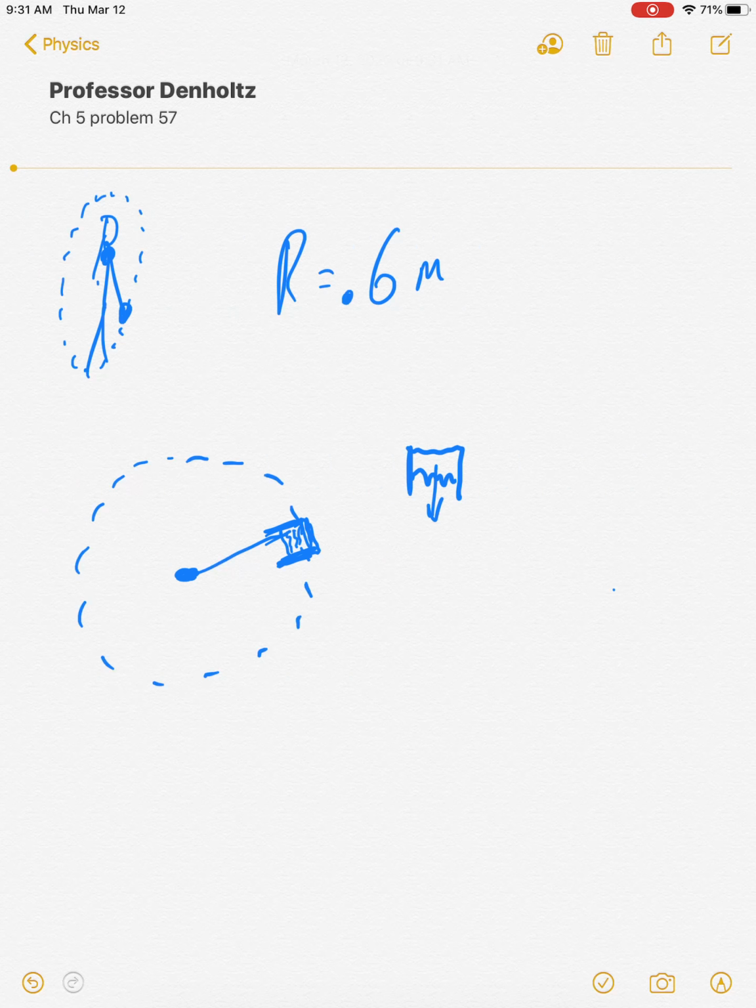Now, additionally, because the water is up against the surface of the pail, there's physical contact between two different objects. And so when we have that, we get a normal force, and that normal force has an action-reaction pair from Newton's third law.